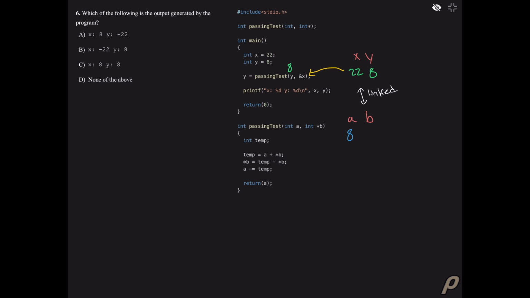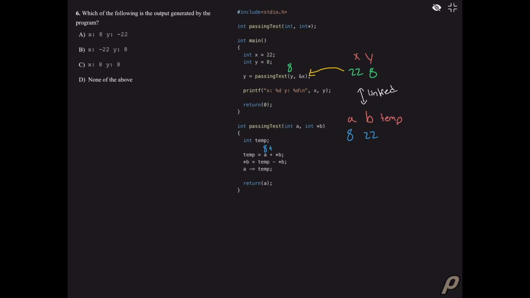So when we go back down to the passing test, we see that we have this temp variable that we also need to keep track of. All right, so let's start off. So we can put our b, might as well put the value in. We just have to remember anytime we update this b value, we got to update the x value too. So we do 8 plus, and then we see the star b, and what all that means is we get the value at b.